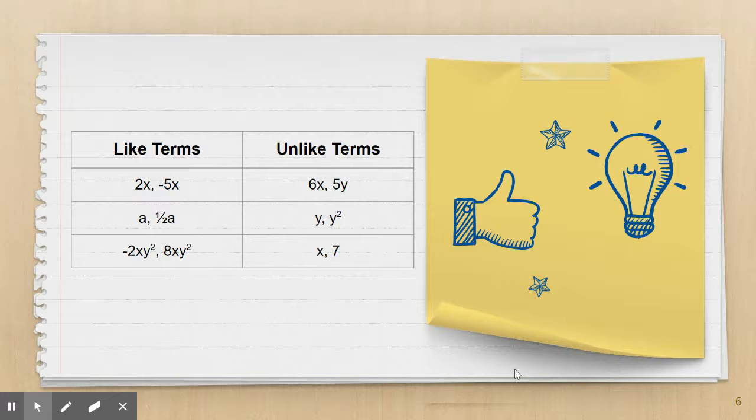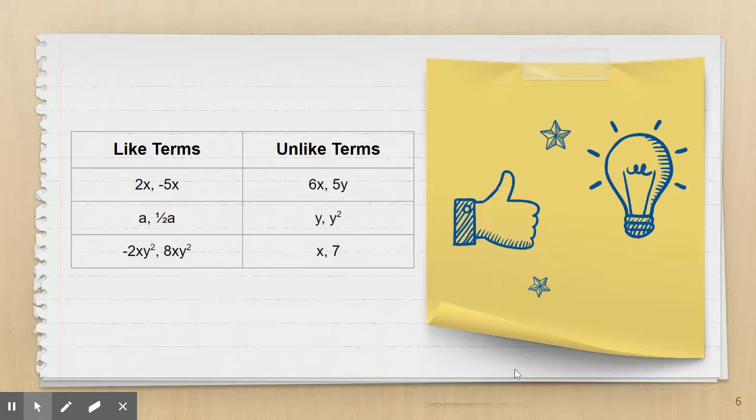And then we have negative 2xy to the second power and 8xy to the second power. They both have x, and they both have y to the second power, so these are like terms. On the opposite side, unlike terms, 6x and 5y. Well, they don't have the same variable, so we can't combine them. Below that, we have y and y to the second power.